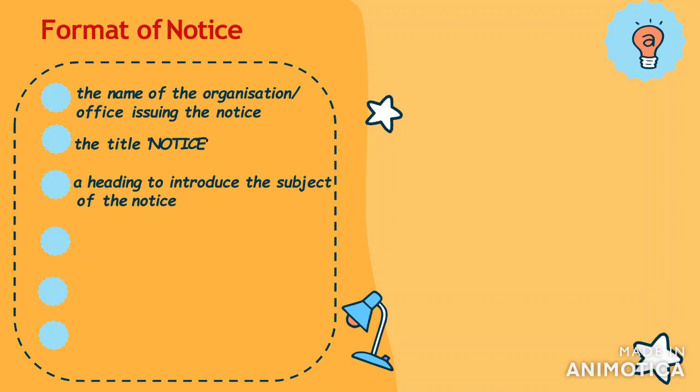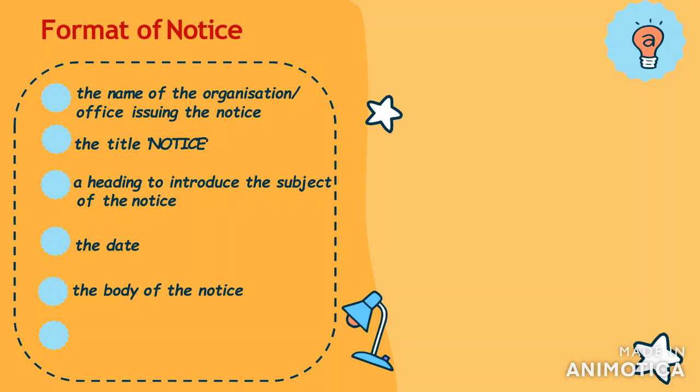And then we write the date. The date should be written in the format of day, month and year, followed by the most important part of the notice, that is the body of the notice. Here all the details related to the notice should be put in a single paragraph.